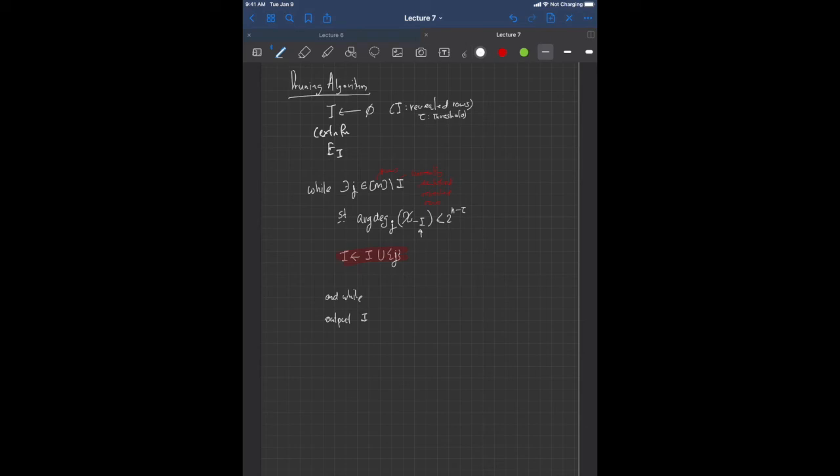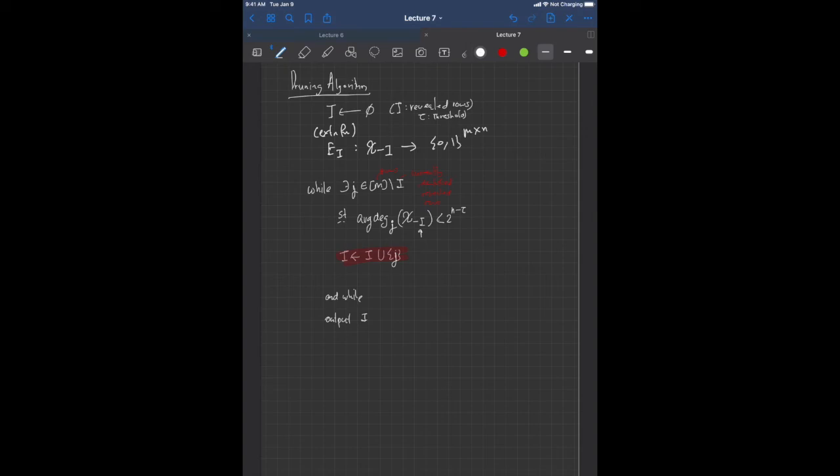It's a function, so it takes one object and produces another object. It takes a partial matrix of the form X minus I. X minus I is not a full matrix, it doesn't have the rows indexed by I, and it produces a full matrix.